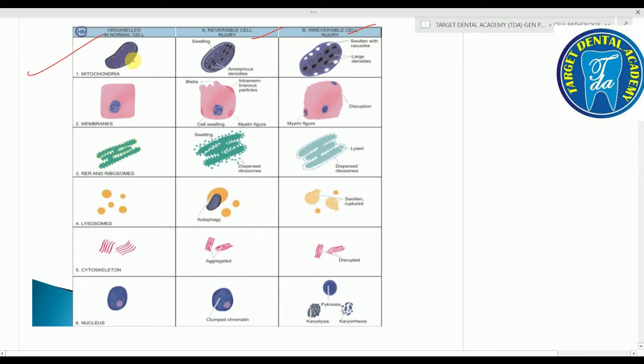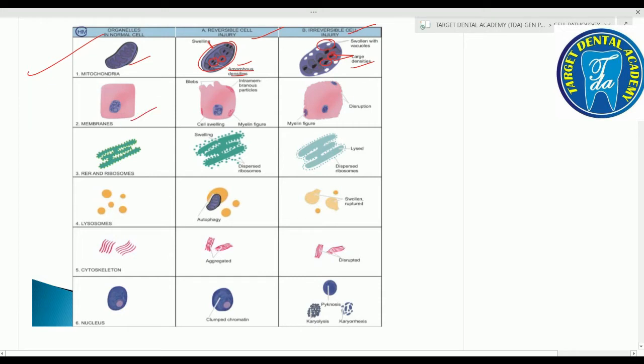Mitochondria are normal in the normal cell, while in the reversible cell there is swelling and amorphous densities. In the irreversible, they are swollen with vacuoles and there are large densities, compared to the small amorphous densities of reversible injury.